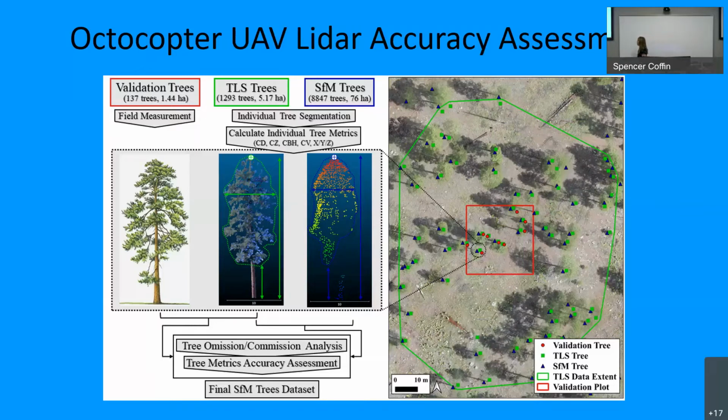In particular, we're talking about tree height, canopy diameter, base height, canopy height, basal area, all different kinds of things. And so we compare the UAV LiDAR data to either very, very high resolution ground-based LiDAR data, or to field-based measurements, like actual manual measurements, to assess how well the LiDAR-derived estimates perform.